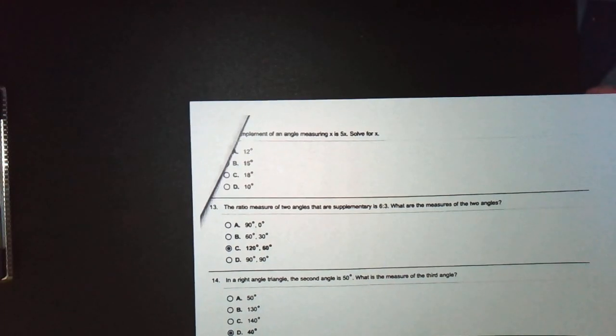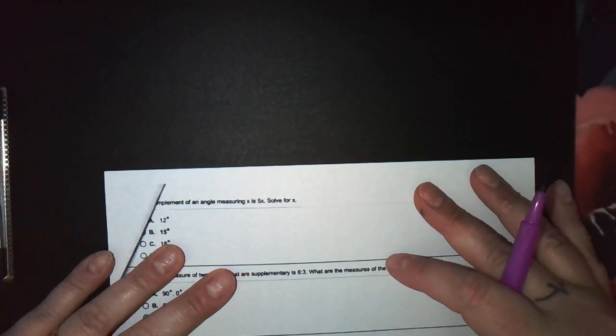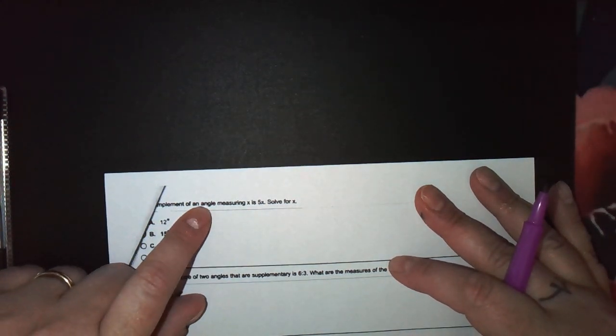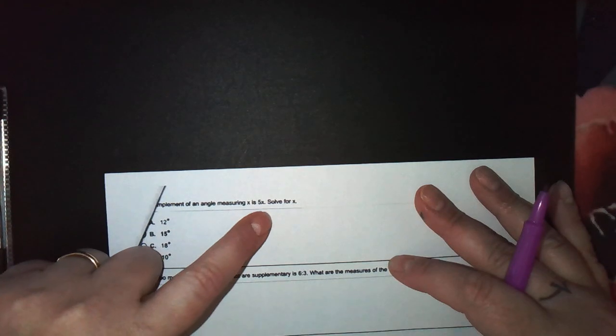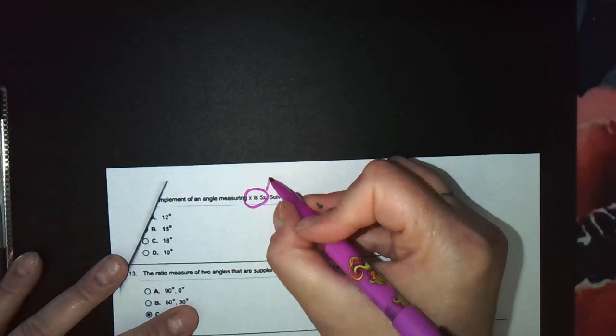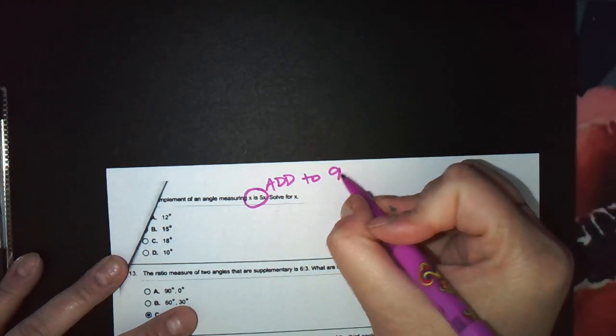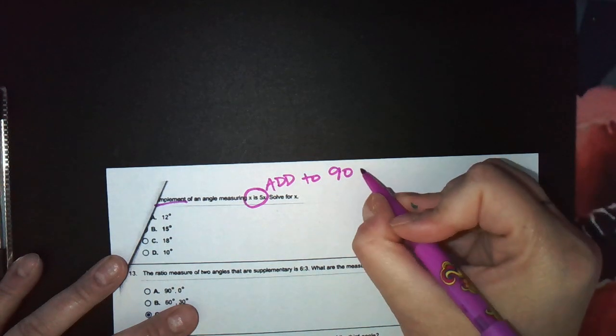Okay, let's keep going. Number 12, it says find the complement of an angle measuring x. Wait, what does it say? The complement of an angle measuring x is 5x. Solve for x. Okay, so x and 5x add to 90 because of that word complement.